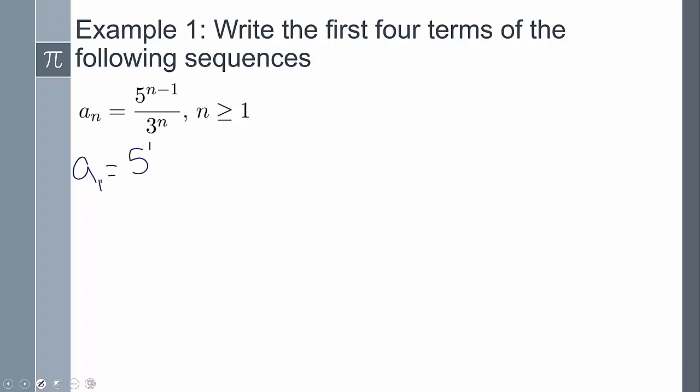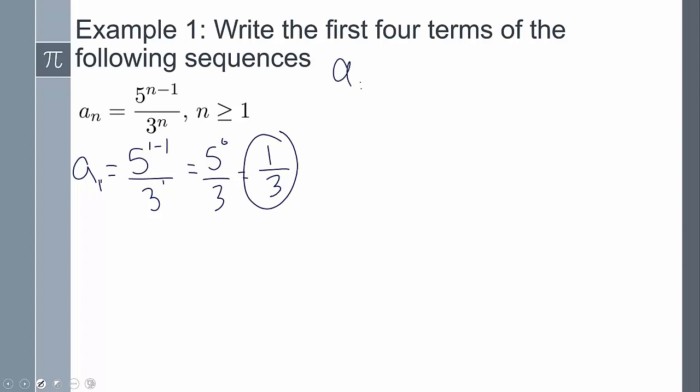So 5 to the 1 minus 1 over 3 to the 1. And so 5 to the 0 power over 3. Well, 5 to the 0 power is 1, so you're going to get 1/3. And so to make it a little neater, I'm going to say a sub 1 equals 1/3.